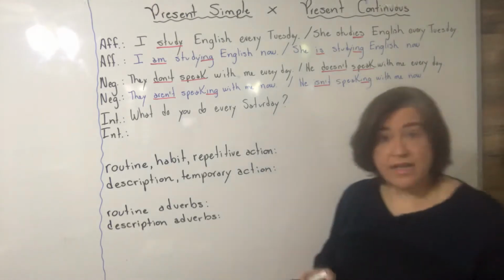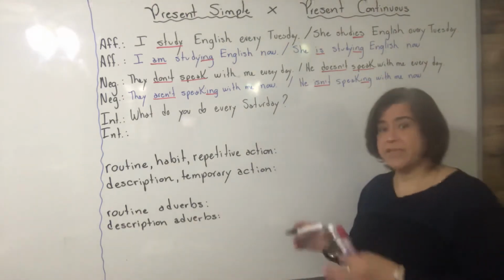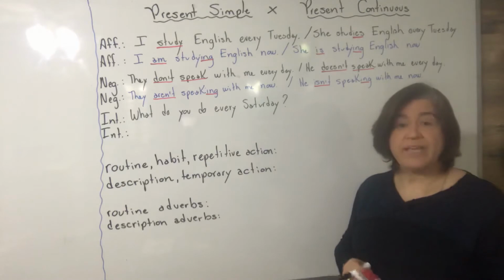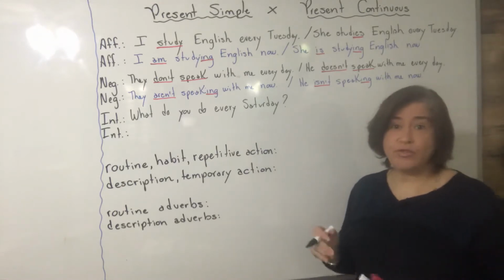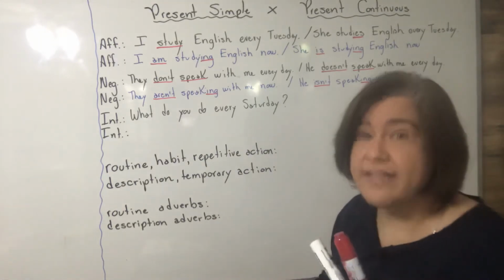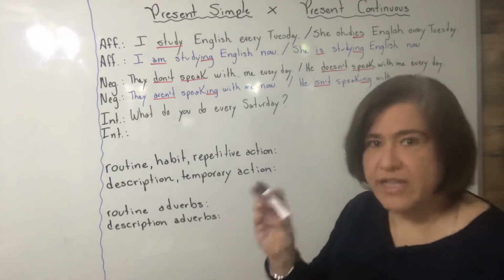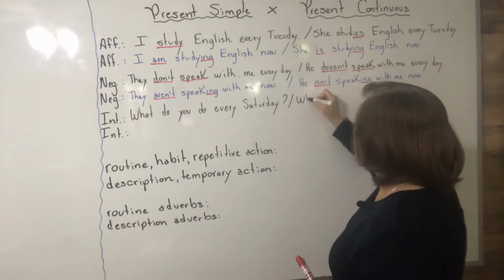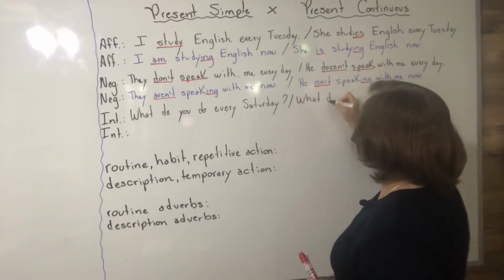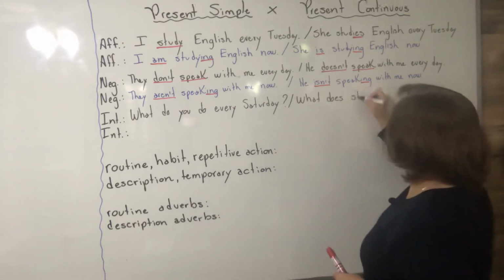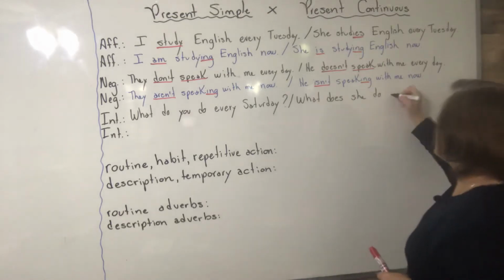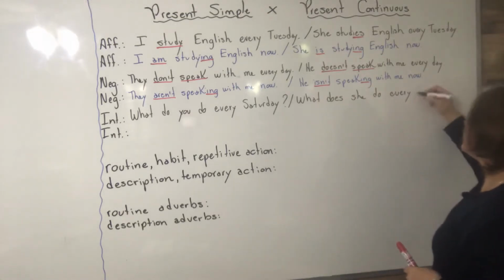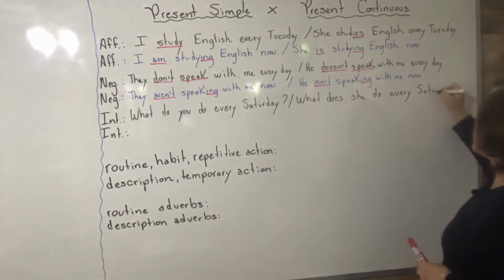Okay, it's a question, auxiliary plus person. But remember, in present we have the auxiliary do and the auxiliary does for he, she, it. The question is, what does she do every Saturday?